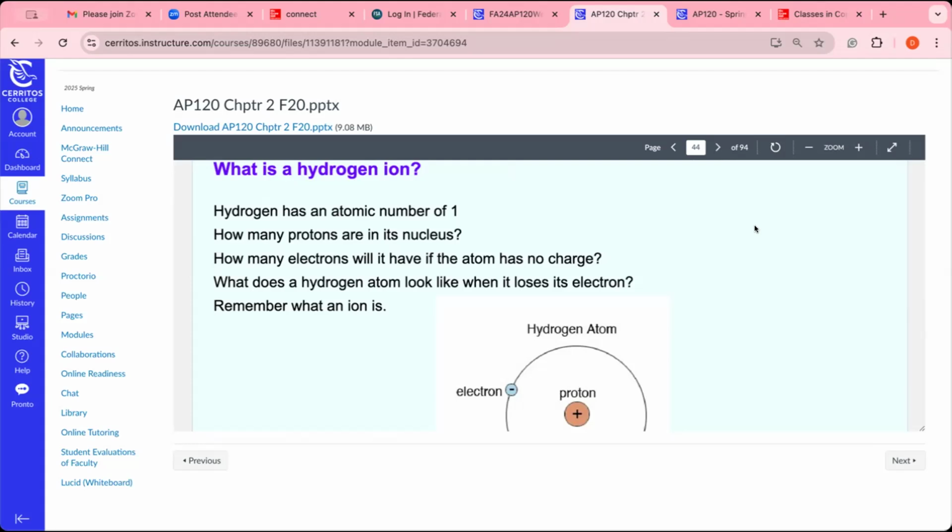Let's try this. So let me go here, and let me share this. Now, I can annotate the screen.